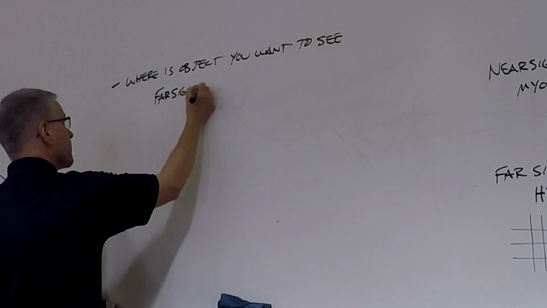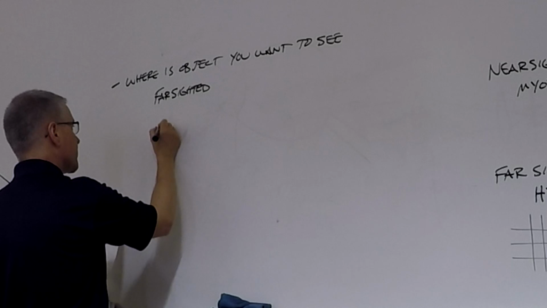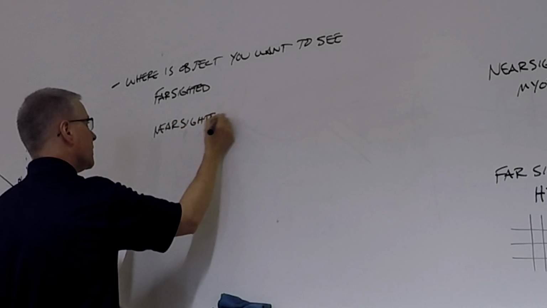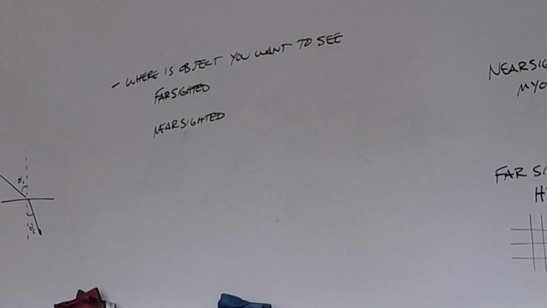For somebody farsighted versus somebody nearsighted, where is an object going to be that they want to see, that they can't see without their lenses? Let's do the nearsighted one first. That's a little bit easier to figure out. So I pop these off. Where would I really like to be able to see things crispy, but I can't without them?